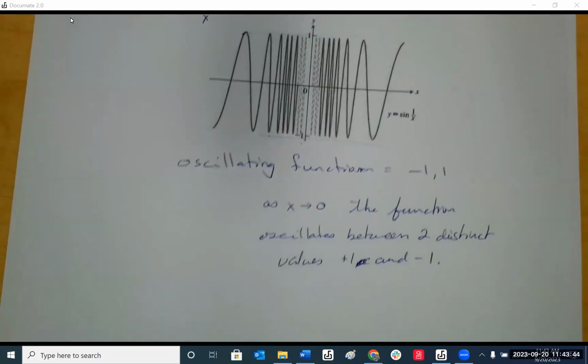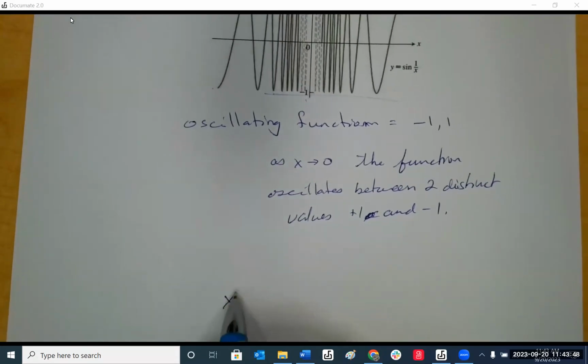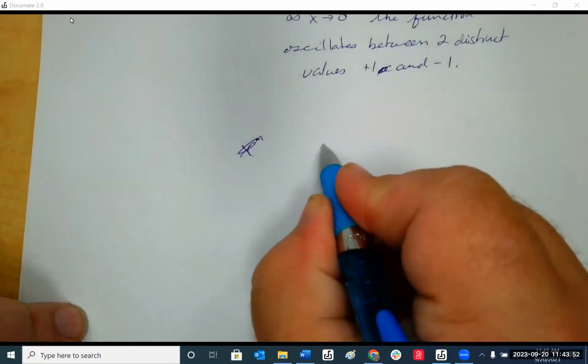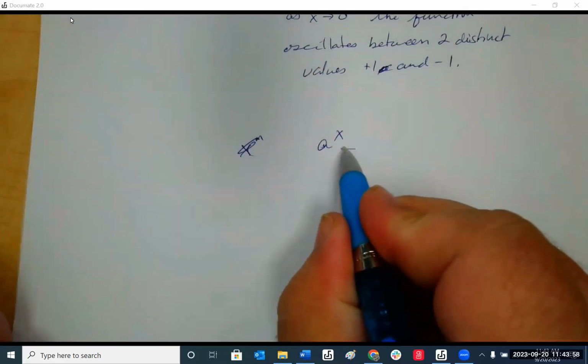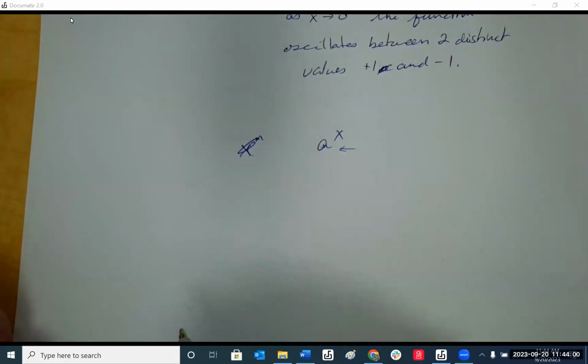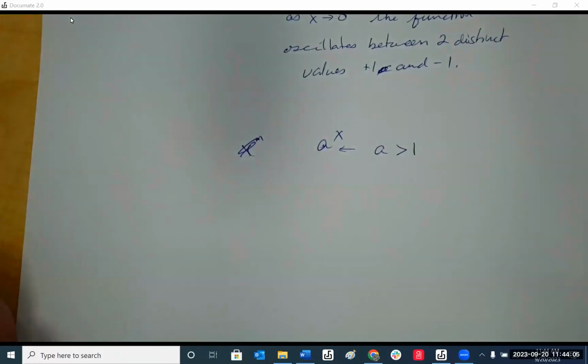That comes up a lot when we talk about exponential functions. What has to be true about the base? A has to be bigger than 1.